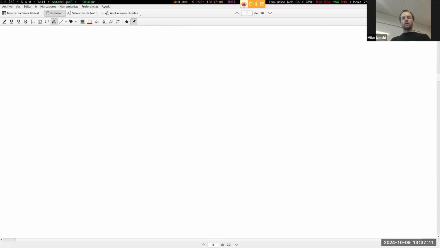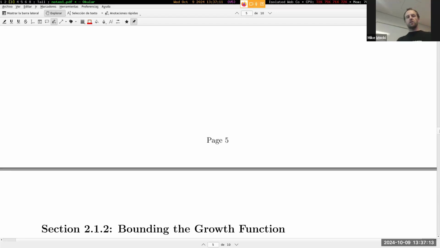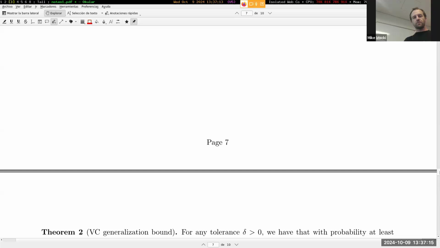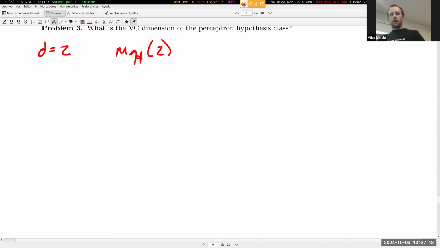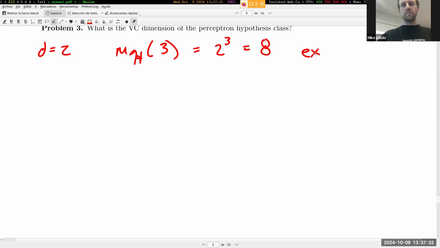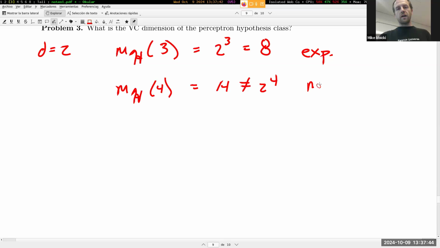And again, this growth function is very closely related to the VC dimension. We saw that m_H(3) was equal to 2 to the cubed, which is equal to 8. So it is exponential in this case. And we also saw that m_H(4) was equal to 14, which is not equal to 2 to the 4th, so not exponential.